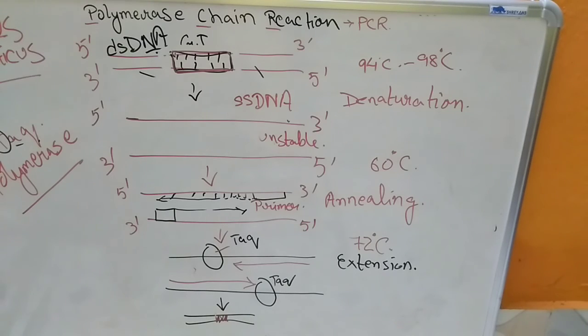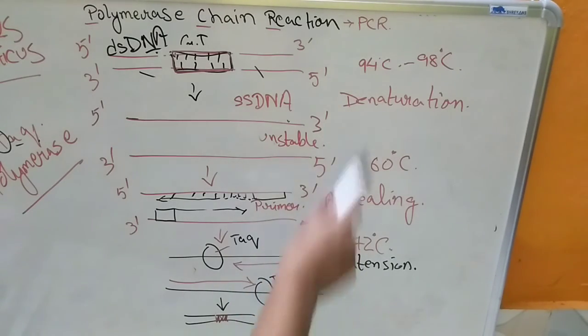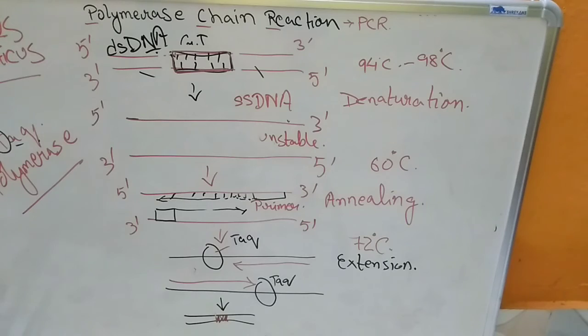So PCR is a very important topic in your syllabus. In your board examination, broad questions from PCR might come. Diagram based questions will come. Try to remember the temperatures. These three temperatures are very important, and the role of this Taq polymerase.